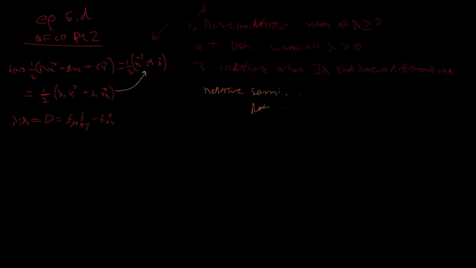So this allows us to work with the following theorem. If A is a critical point, then f of A is a local minimum if the Hessian is positive semi-definite.